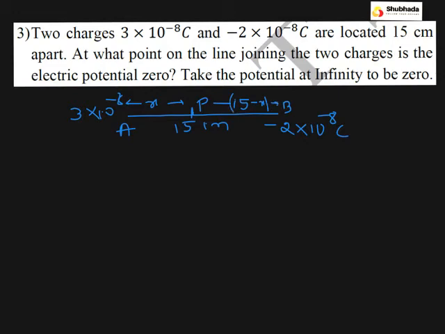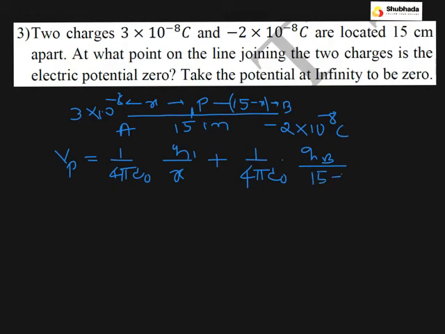So let's apply the principle of superposition for the potential at point P. We can say that potential at P is equal to 1 by 4 pi epsilon naught into Q divided by x, plus 1 by 4 pi epsilon naught into charge at point B divided by 15 minus x.